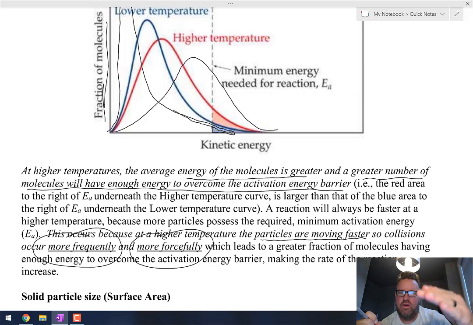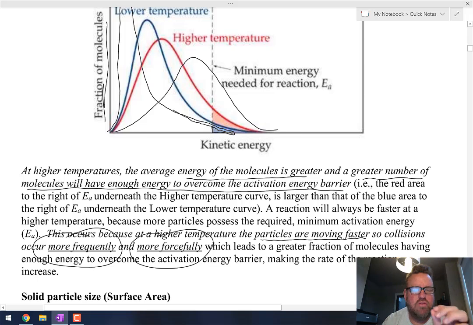So at a greater temperature, they're moving faster, they hit each other more frequently, and with more force. And again, that means a greater fraction of molecules have enough energy to overcome that activation energy barrier, which makes the reaction go faster, which makes the rate of the reaction increase.